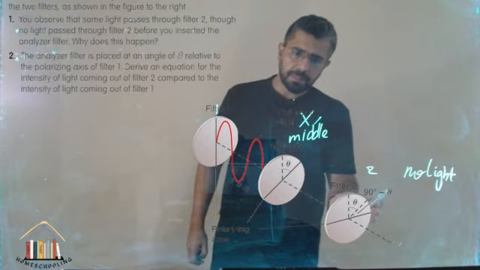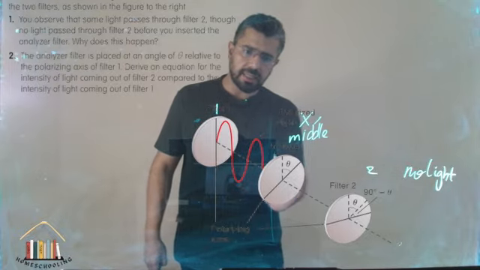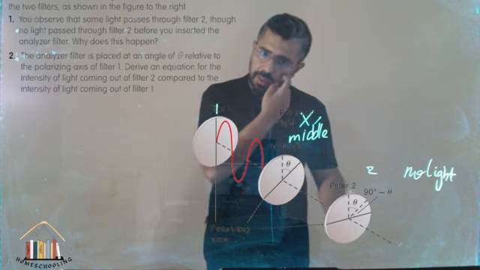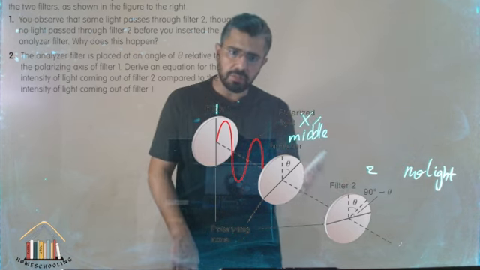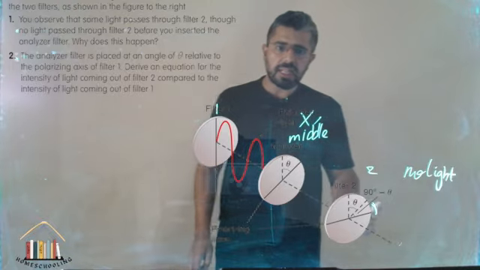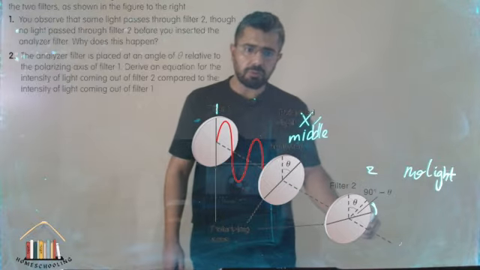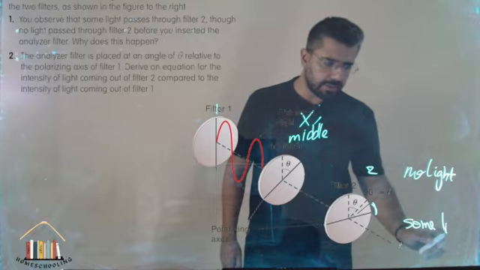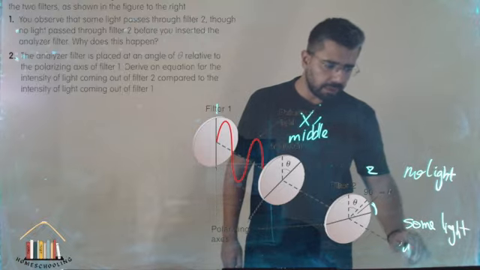Because the one in the middle and the last polarizer are not perpendicular, they make an angle, as you can see here. So some light will pass through.